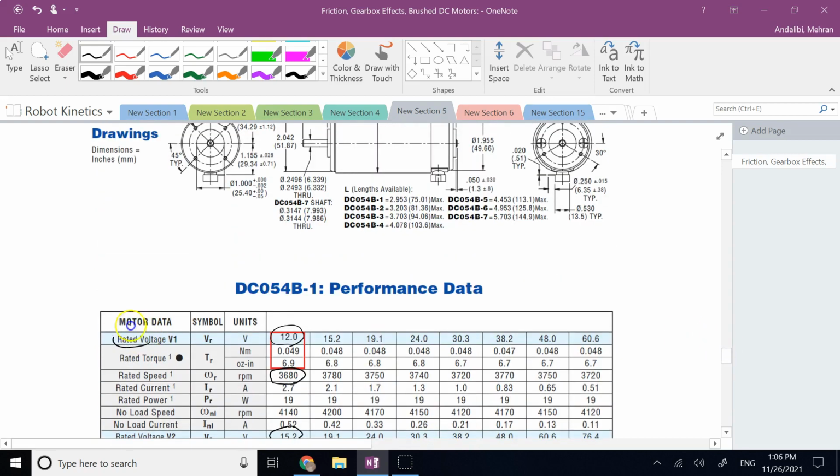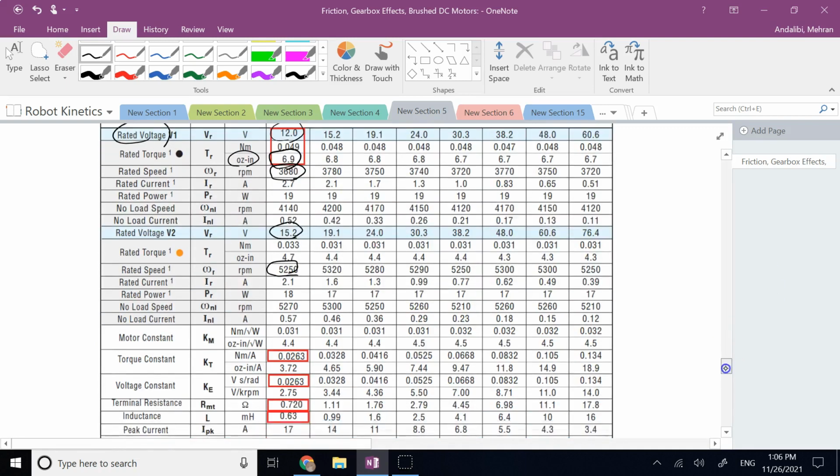That's why you see a rated voltage, an RPM, and a rated torque. You see, at that voltage, it is giving you a 6.9 ounce-inch torque, right? And at the second voltage, it is giving you basically, let's see here, 4.7. This is what the manufacturer is suggesting to use.